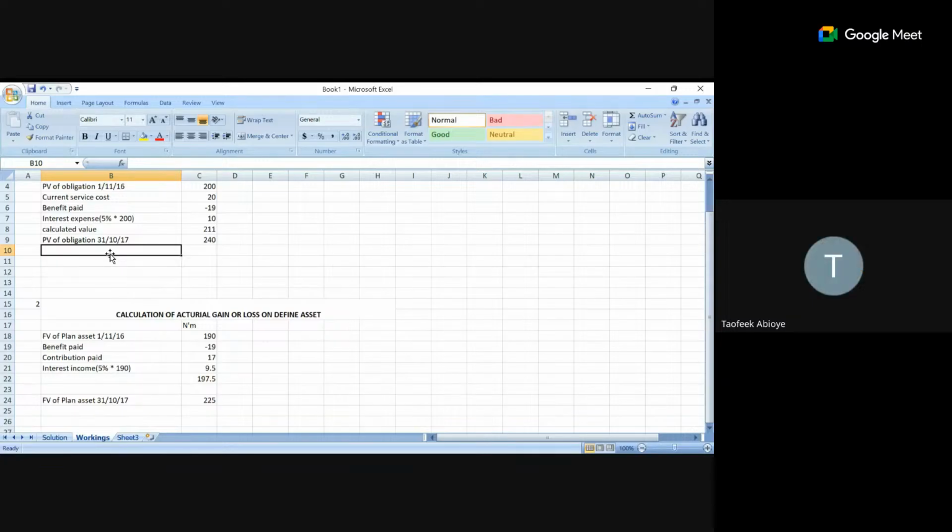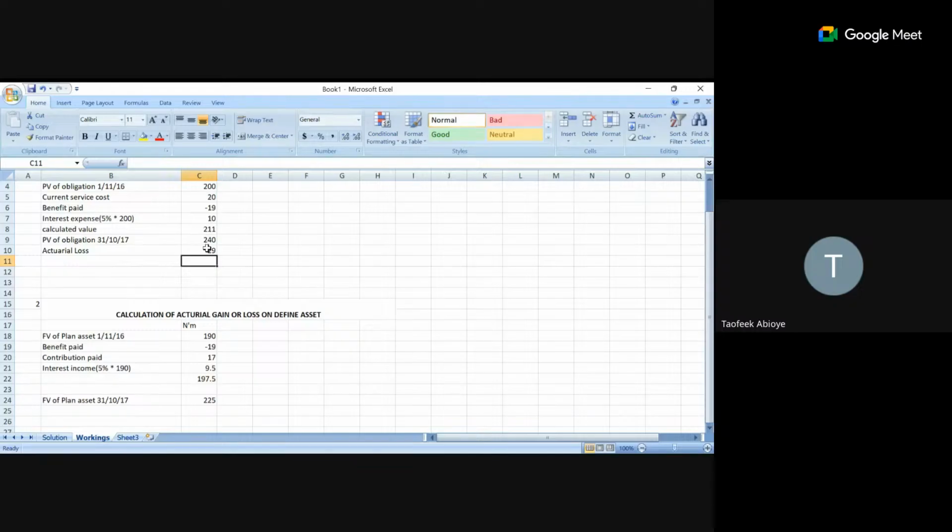It is not something difficult. When you just look at it, it is loss. So it is called actuarial loss. So what are we going to do? We're just going to do this minus this.